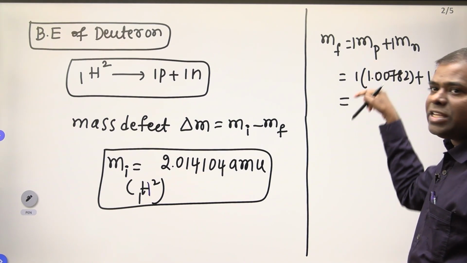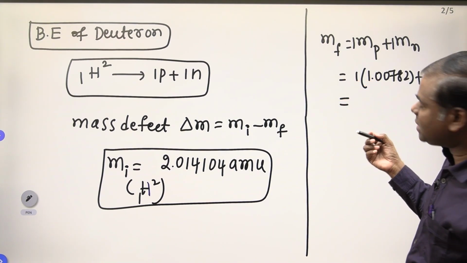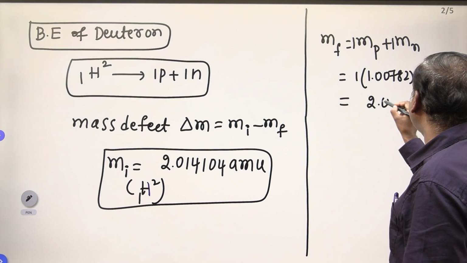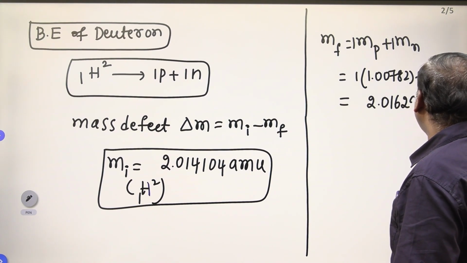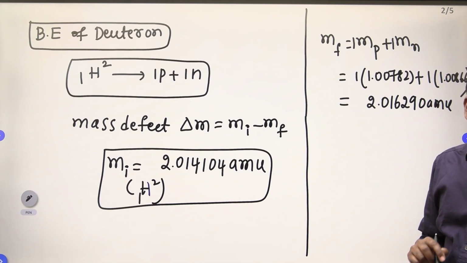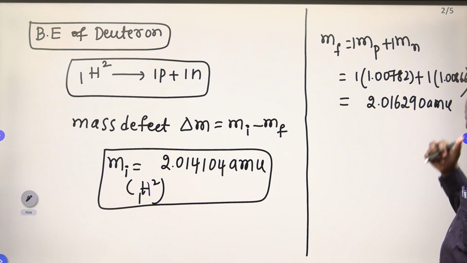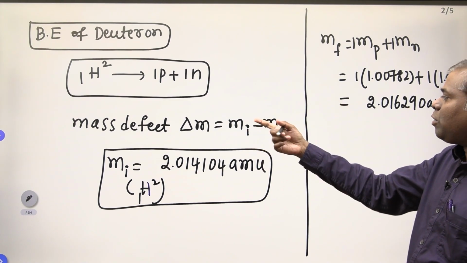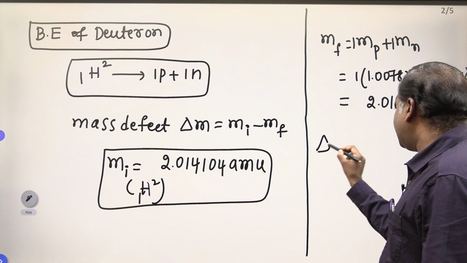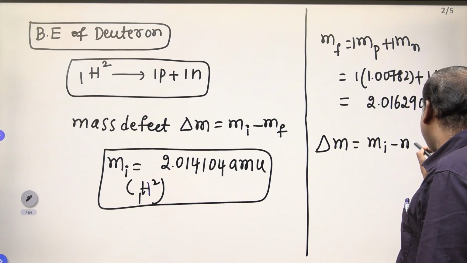You have to add these two. You get 2.016290 AMU.